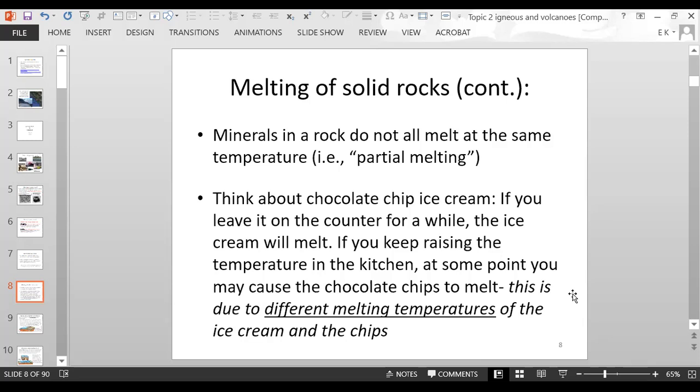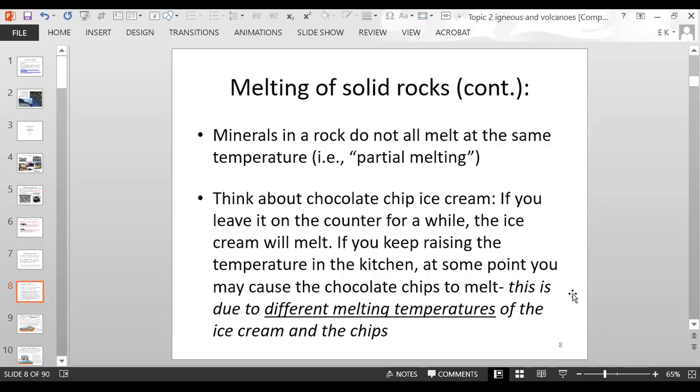So that's like the freezing and melting temperature of water or ice. So minerals also have particular temperatures that they melt and crystallize at.